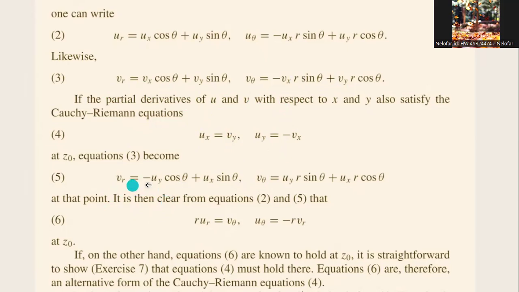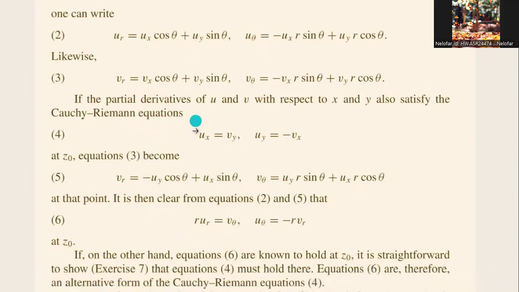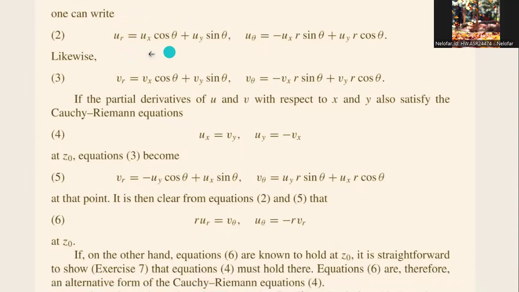So we get vr and v theta, and now using 2 and 5, we get r ur. Multiply this equation by r, we get v theta. So r ur is equal to v theta, and multiply this equation by minus r.